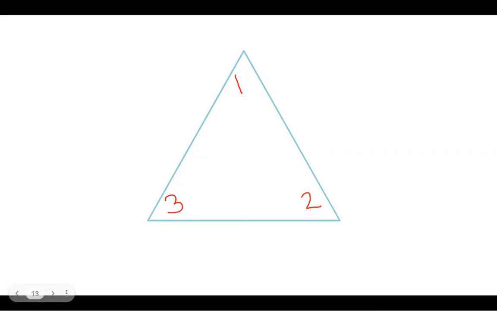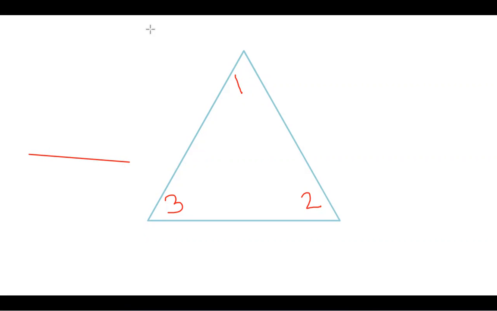And I'll show you guys in a bit that whenever we put together the angles of a triangle, it didn't matter what their measurements were. Whenever we tear them apart and we line them up, it doesn't matter what order you put them in, they're always going to equal 180.